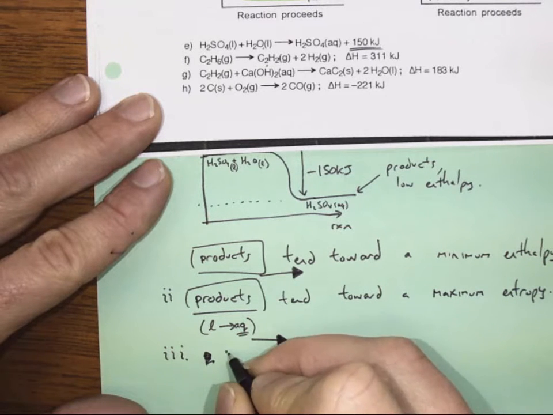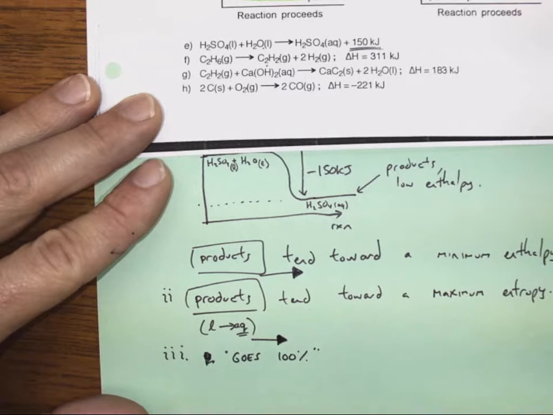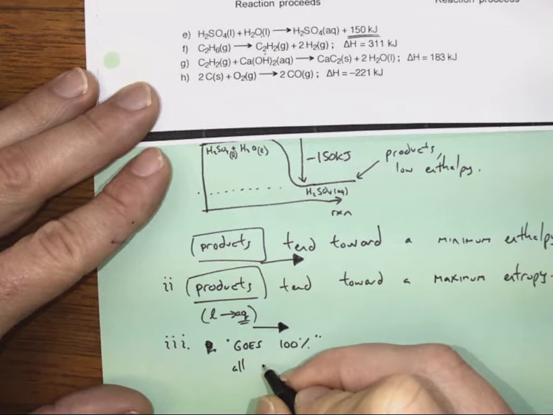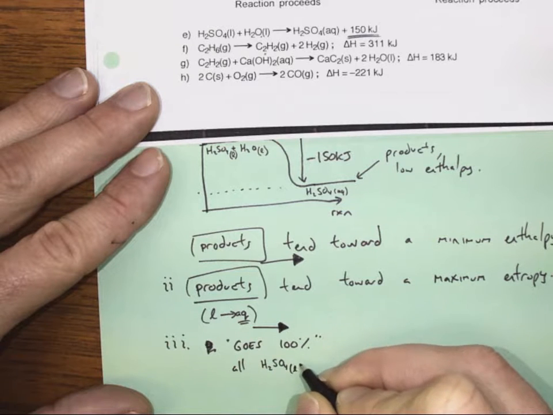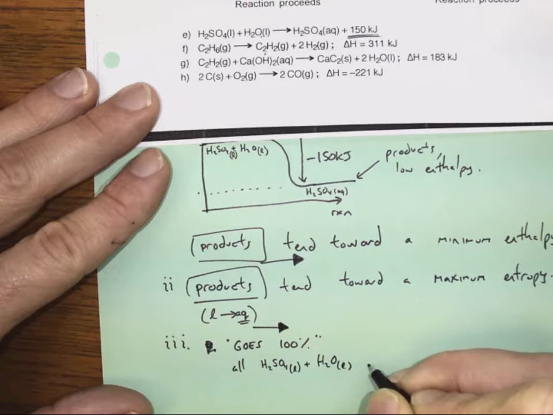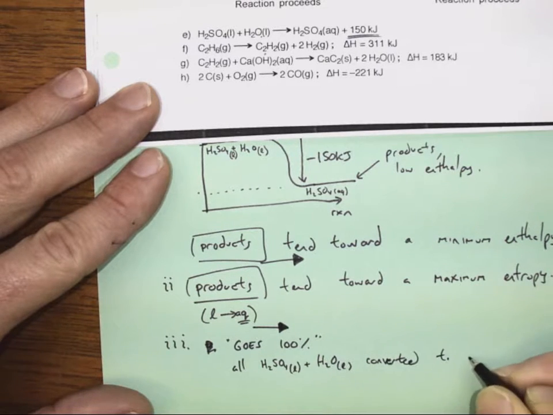We're using the phrase goes. I prefer proceeds, but the question asks you to write goes. It goes to completion. So all the liquid sulfuric acid and water are converted to an aqueous solution of sulfuric acid.